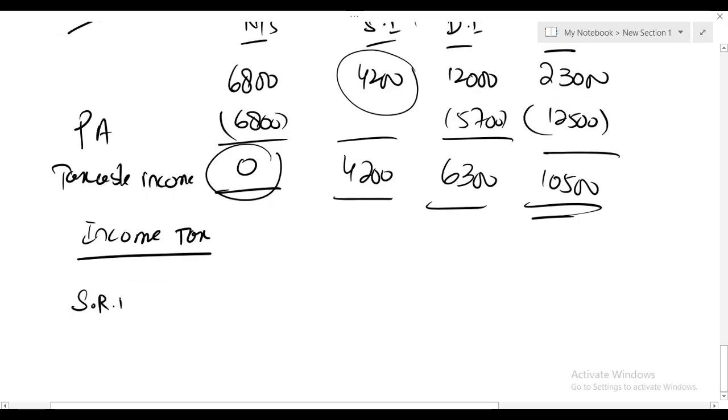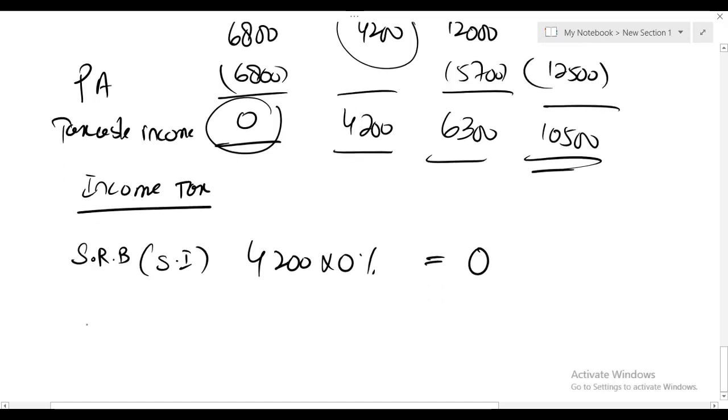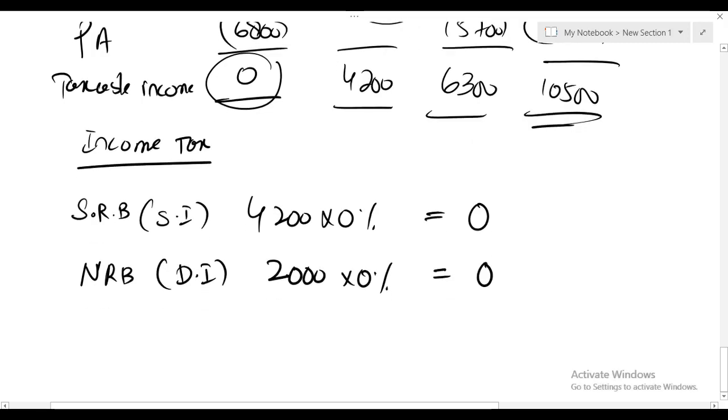Starting rate band, savings income, 4,200 into 0% obviously gives us 0. For dividend income, first we get the nil rate band. Dividend income 2,000. The first 2,000 of dividend income always falls in the nil rate band.